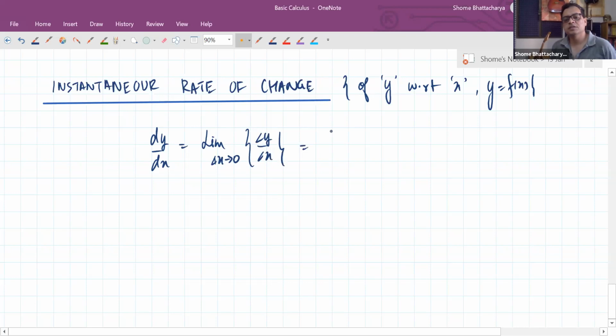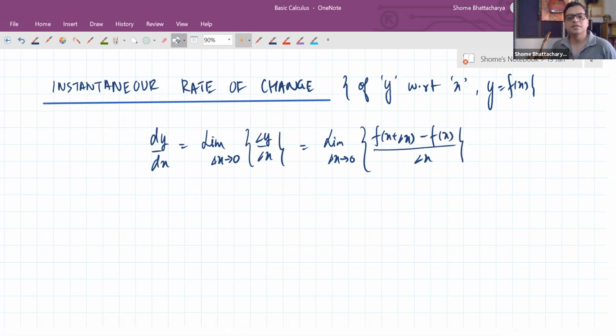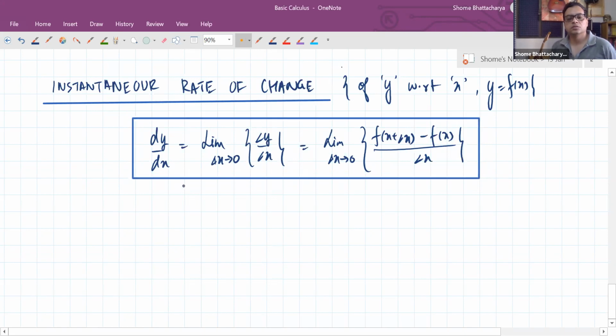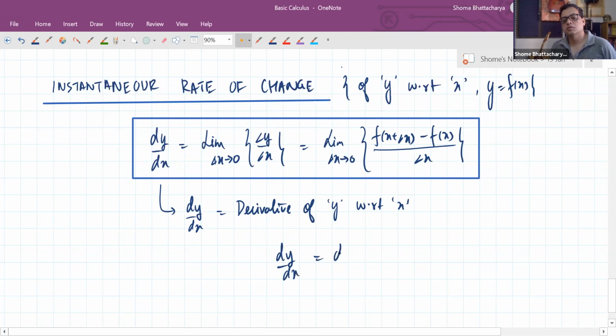Okay. So that becomes basically limit of delta x tending to 0, f of x plus delta x minus f of x divided by delta x. Okay. So this is the mathematical meaning of the term instantaneous rate of change. So this dy by dx term is called the derivative of y with respect to x, or this operator is called the differentiation operator.